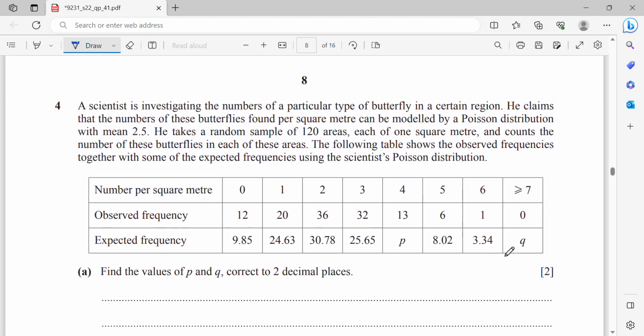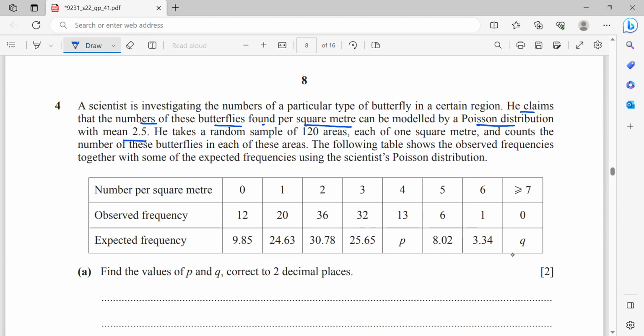Next question. A scientist is investigating the numbers of a particular type of butterfly in a certain region. He claims the numbers of these butterflies found per square meter can be modeled by a Poisson distribution with mean 2.5.